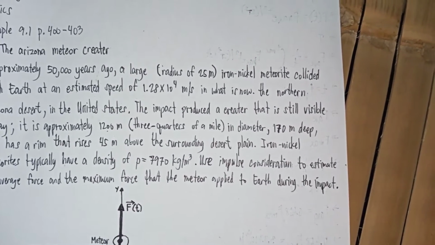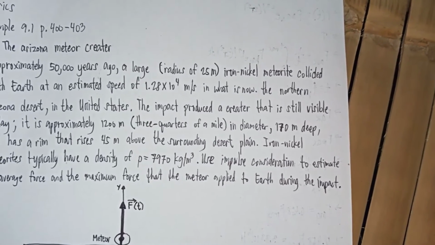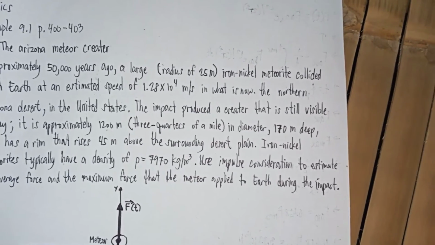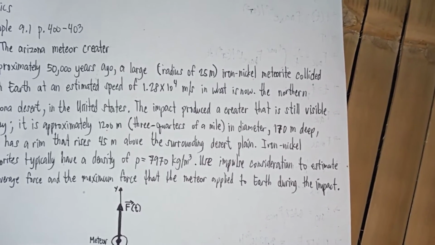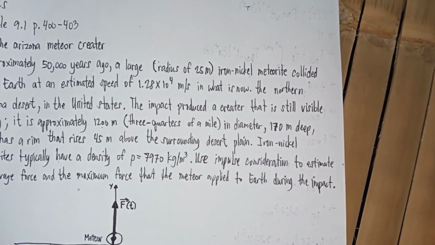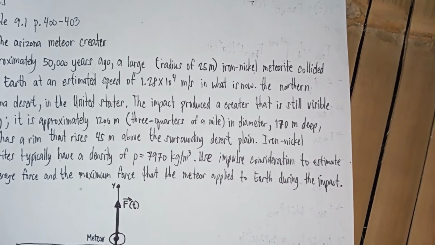The impact produced a crater that is still visible today. It is approximately 1,200 m, 3/4 of a mile, in diameter, 170 m deep, and has a rim that rises 45 m above the surrounding desert plain.